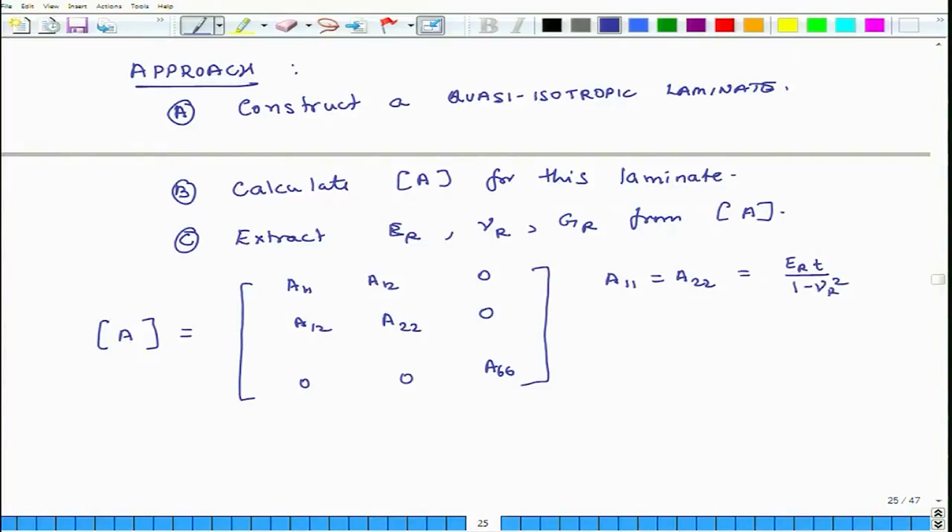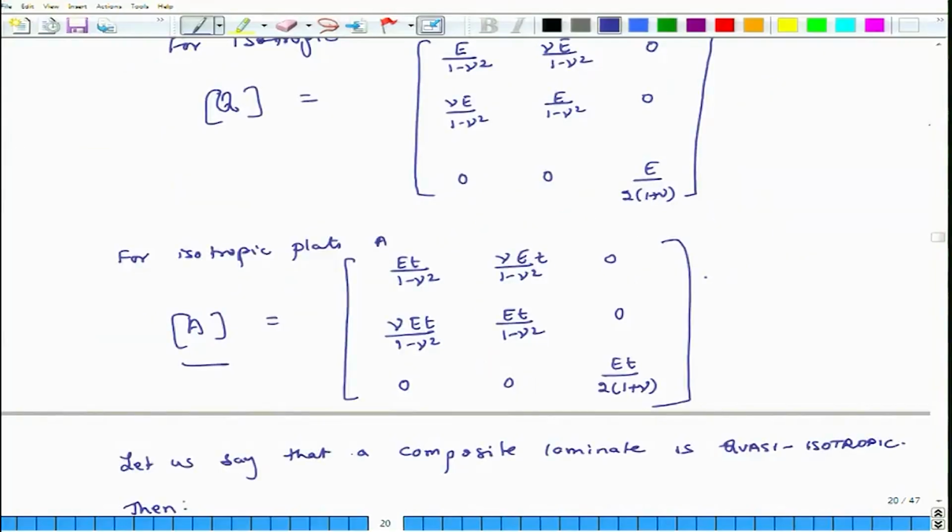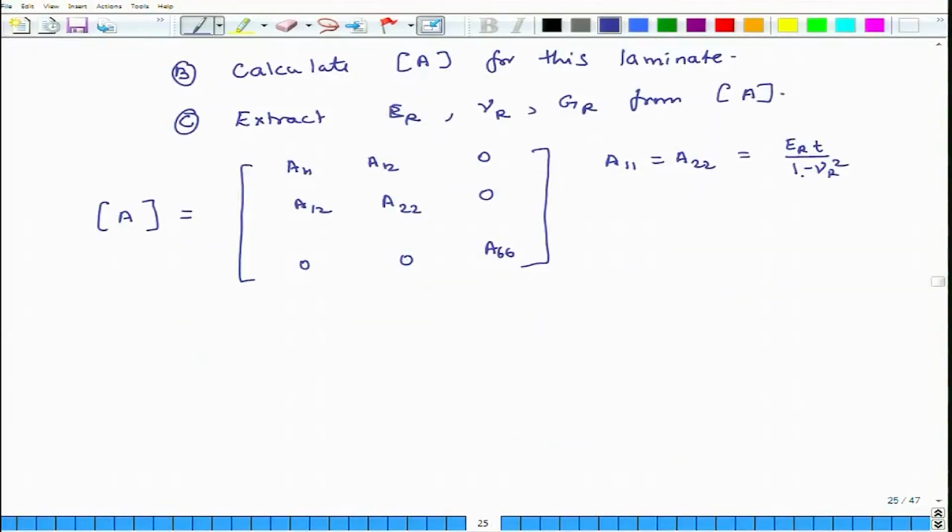Okay. How did I get it? Remember, for an isotropic material system, we had said that the elements of A matrix are given here. So, here if E is ER, that is all I am doing. So, that is where I am getting this ER from. Okay.